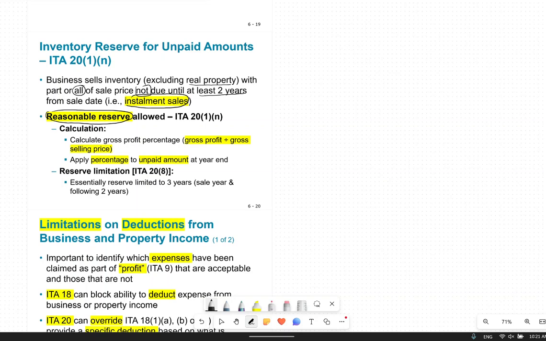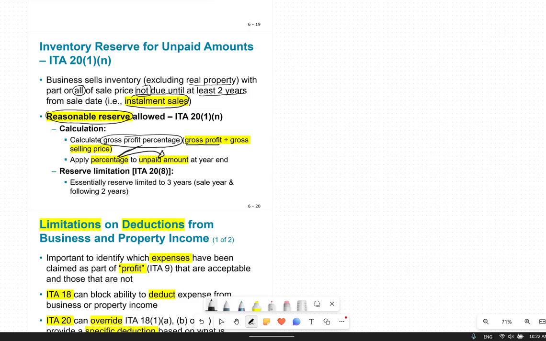How do we calculate this reserve? We first find out the gross profit percentage. How do we calculate gross profit? Gross profit divided by the gross selling price, and what are you going to get? You're going to get a gross profit percentage. And then we apply this percentage to the unpaid amount at the year end. That will be your reserve that you're allowed.